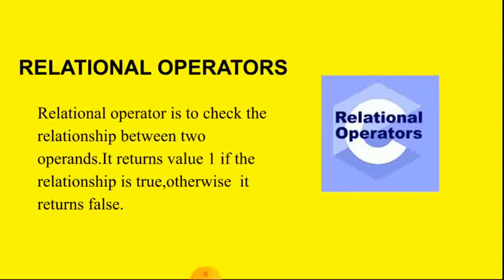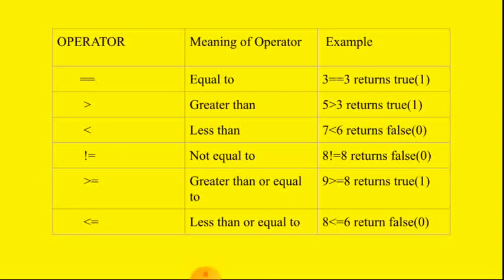It returns value 1 if the relationship is true, otherwise it returns false. Equal to, greater than, less than, not equal to, greater than or equal to, less than or equal to. These are the some of the relational operators.